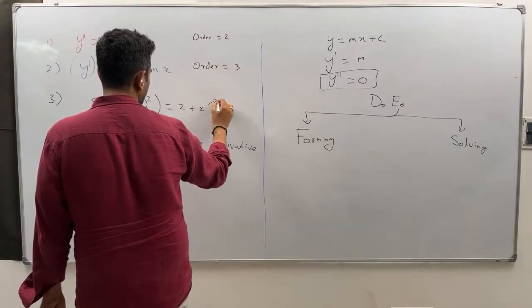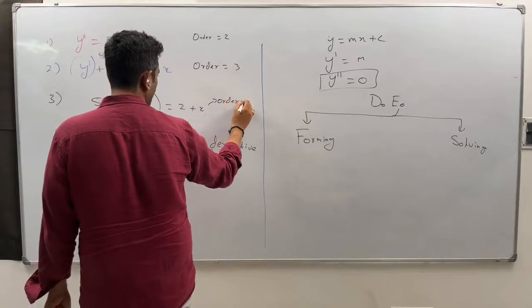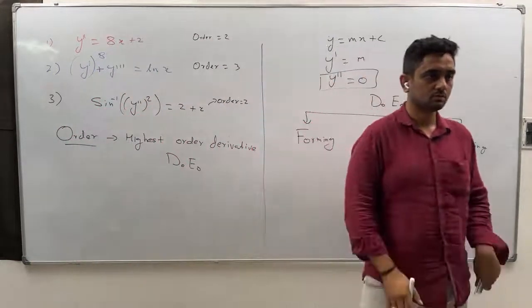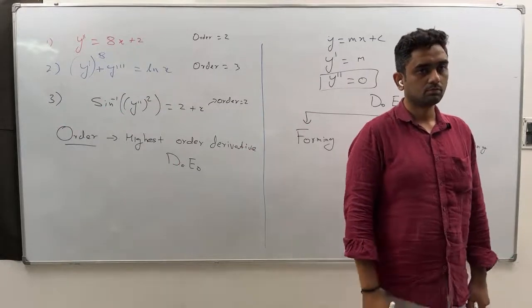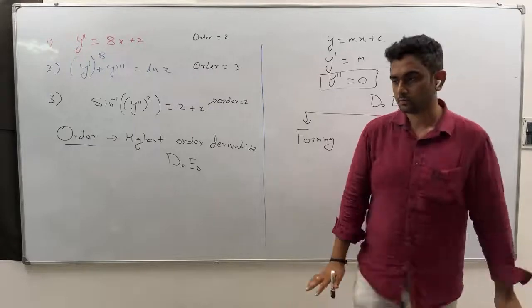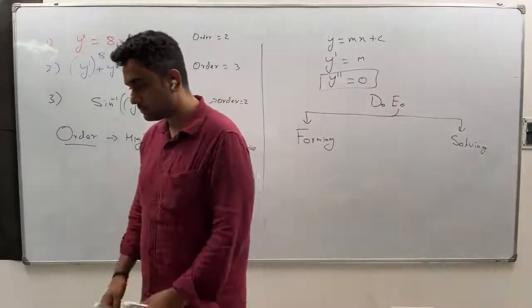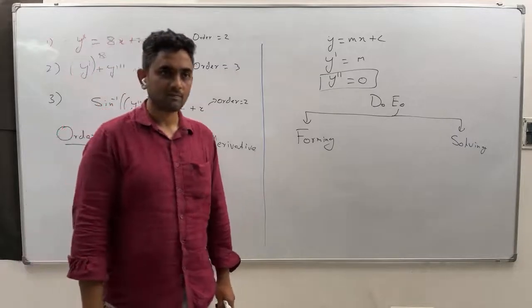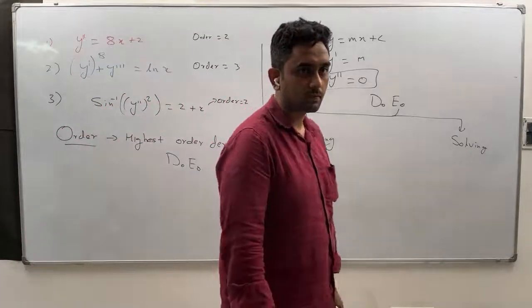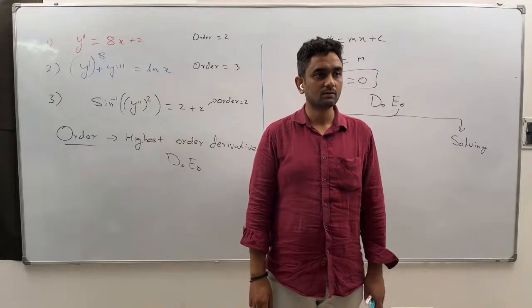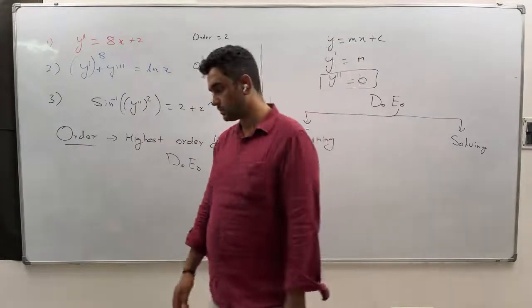In the next one, what is the order? 2. So it is the highest order derivative present in the differential equation. It's very simple, straightforward. All of you are clear on this? Okay.